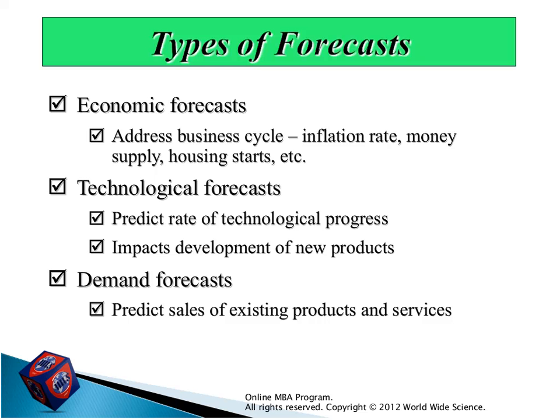You should forecast inflation rate, money supply, housing start, and something like this are called economical forecast. Technological forecast predict the rate of technological progress or technological advances. Impacts the development of new products. They are called technology forecasts.